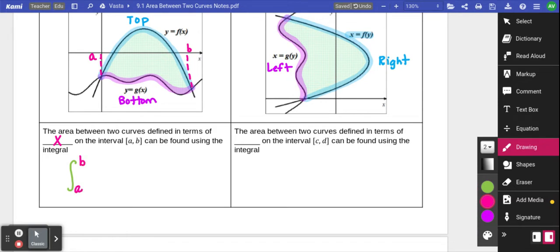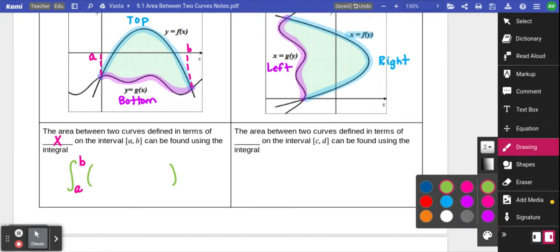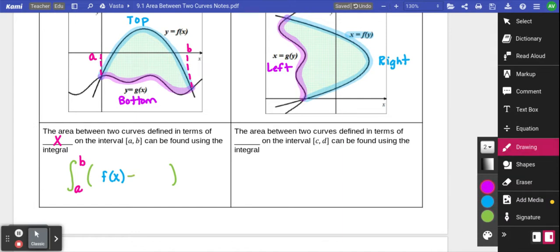But inside the integral, because you want to be between those two curves, what you put inside that integral is going to be f of x, which was the top curve here, minus the bottom curve here, which in this case is g of x. And again, because this is top minus bottom and we're going between two x values, we say dx here. Everything is in terms of x.